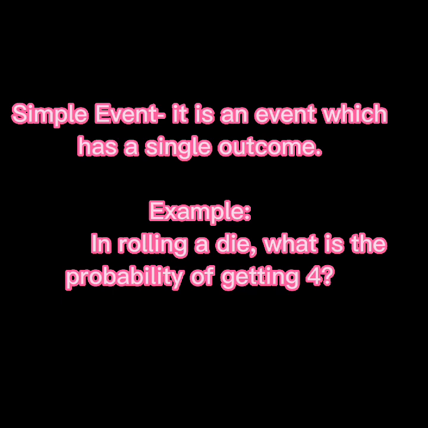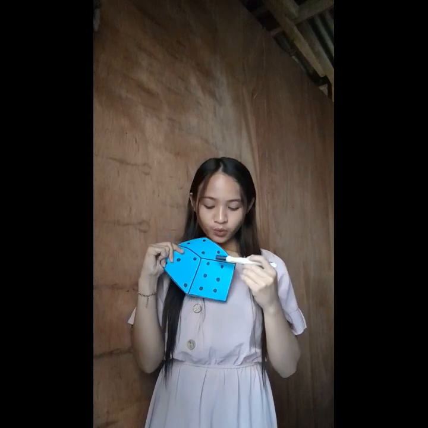For example, in rolling a die, what is the probability of getting 4? How many favorable outcomes do we have? Yes, we only have one favorable outcome. And how many possible outcomes do we have? Look at this die and let's count the possible outcomes. 1, 2, 3, 4, 5, and 6.